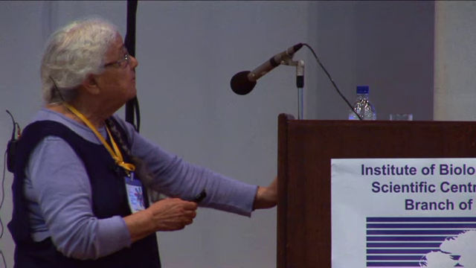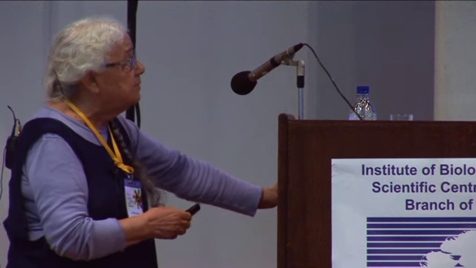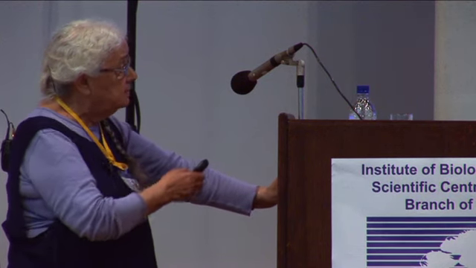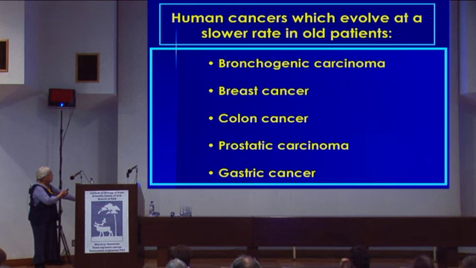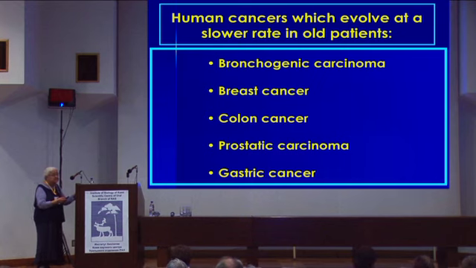It is known that many human cancers, although not all of them, evolve at a slower rate in old than in young individuals. Here you have a partial list of those tumors which behave in this way.